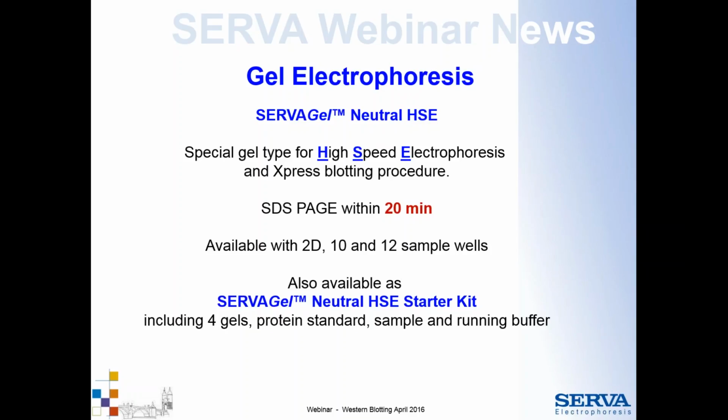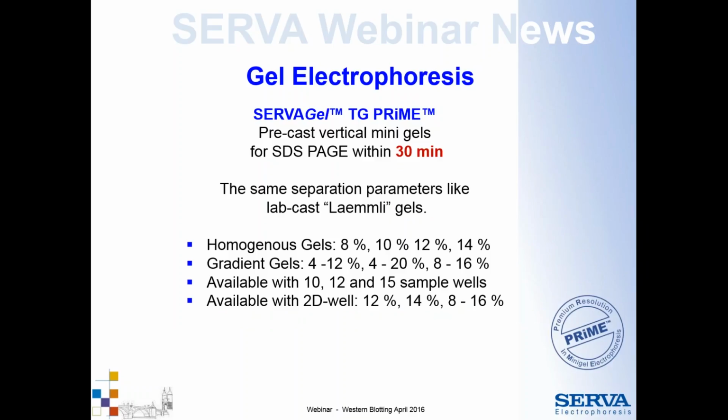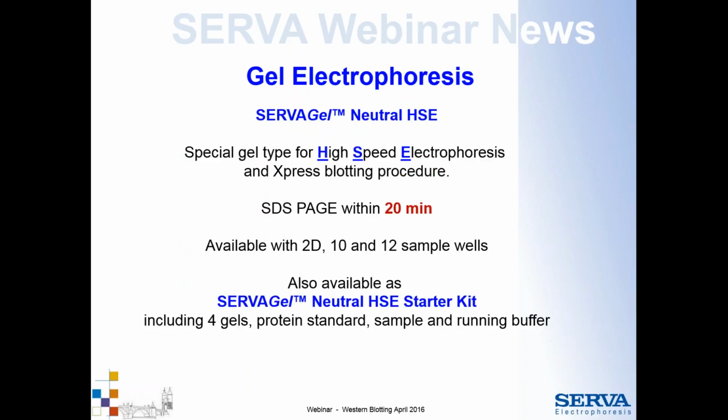We also offer a starter kit with these gels. So the kit includes 4 gels, a protein standard, sample and running buffer. So it's a worry-free kit which allows you to start right away.